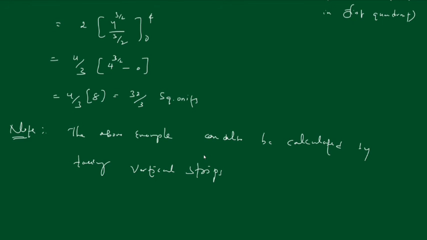By using a vertical strip also we can find the area for the above example, that is y equals to x square.